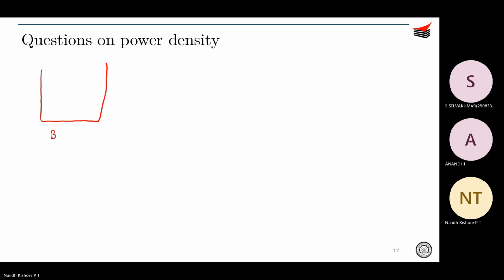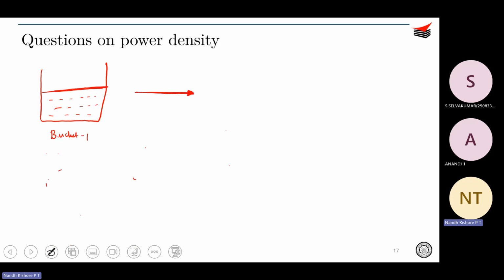Okay, so this is your bucket one, and this is full of water. All right. So what you want to do is transfer this water into another bucket. The same amount of water you want to transfer to another bucket.